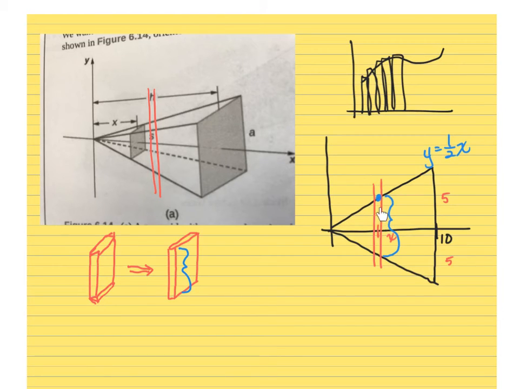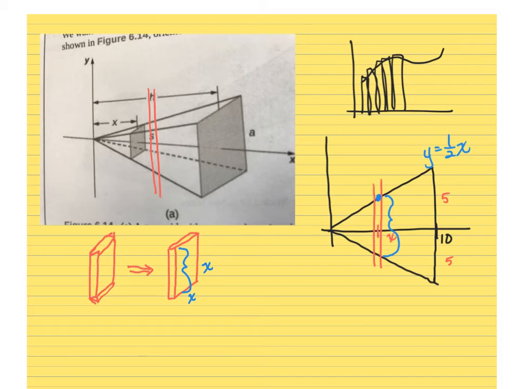The height, this distance, is 1/2 x, so this total distance is just x. So in this particular case, the measurement here is x. This box, this slice that we took out, has a height of x. Now, because it's a square, it actually turns out to be x by x. Okay, so that's nice.